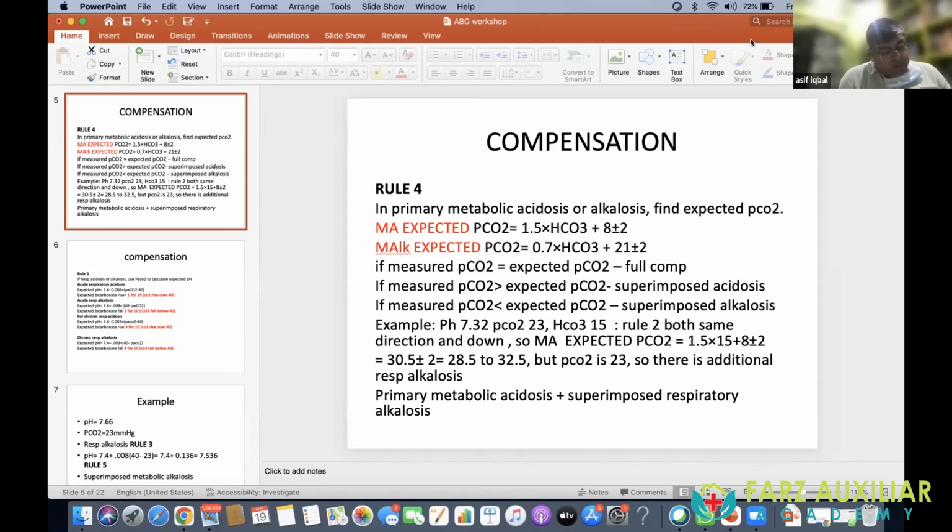And one thing I have not mentioned: you will not get only the ABG. Usually in the EDIC exam there are two parts. In part one, you have to diagnose by calculating the ABG and all the values to identify what disease is going on.